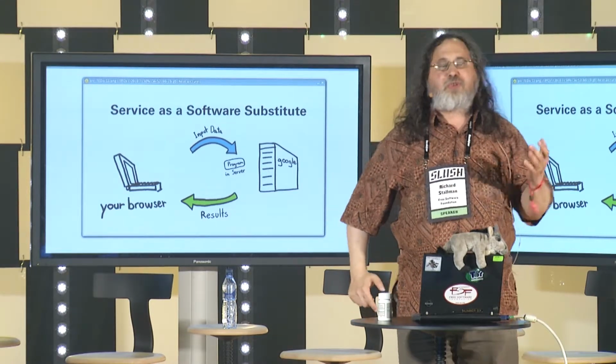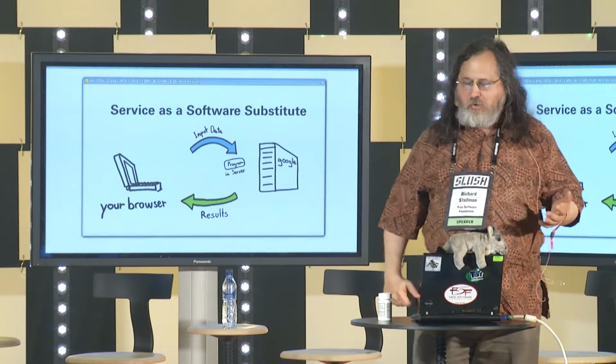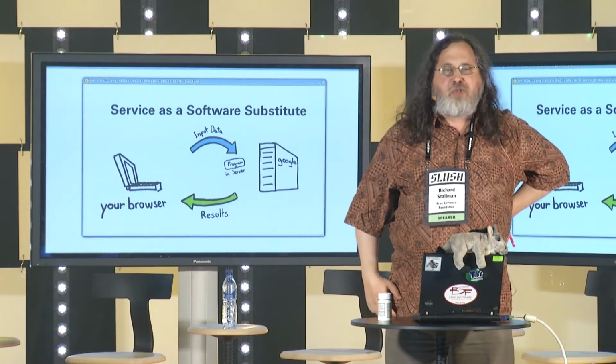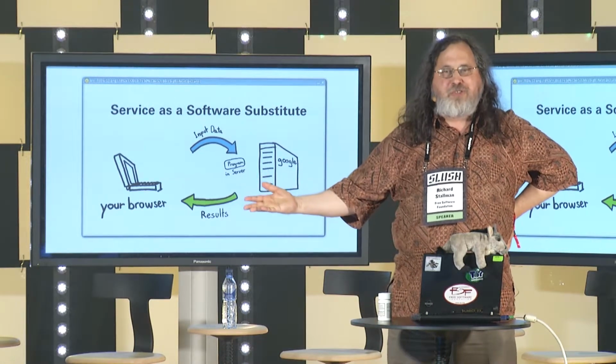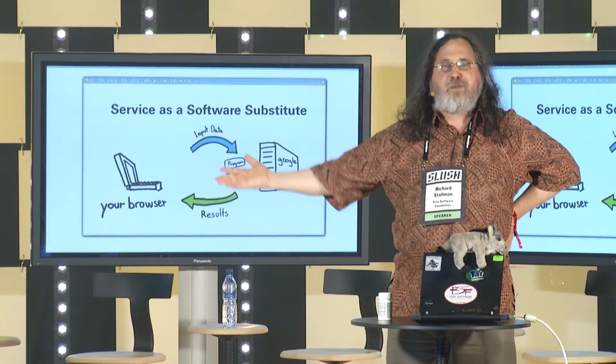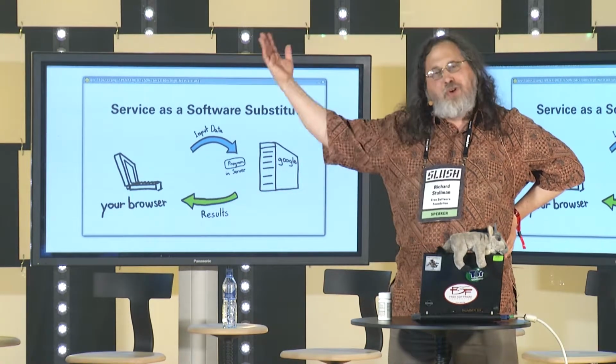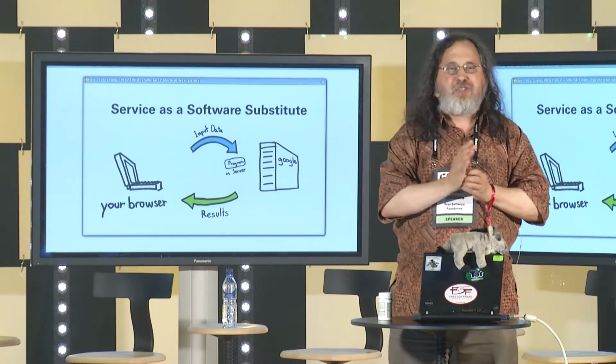And when you do your computing that way, you lose control over it, because the programs that do it are running in someone else's server. And you can't control what programs run in that server. The server owner controls it, you don't. So the server owner controls your computing, and you don't.